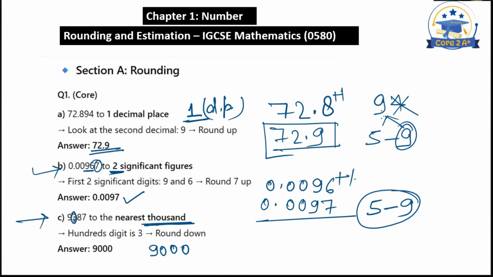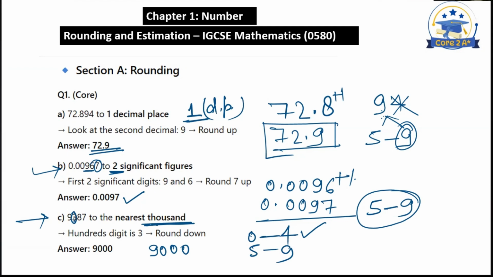Does 3 lie from 0 to 4 or 5 to 9? Obviously 0 to 4. That's why no need to add or subtract anything. You just round down.